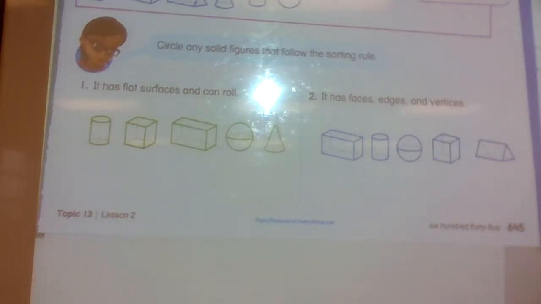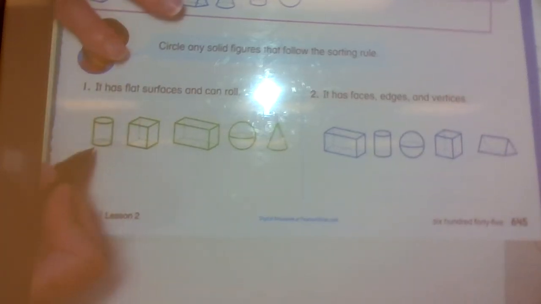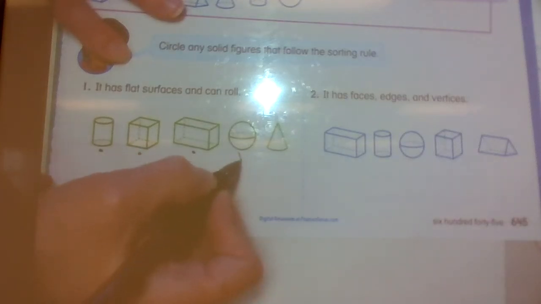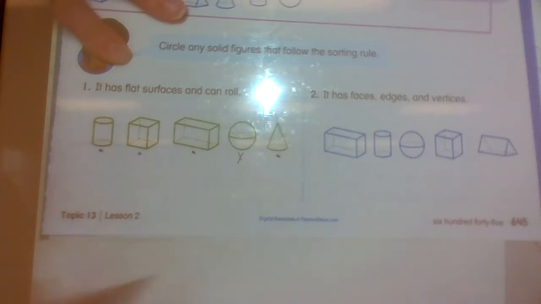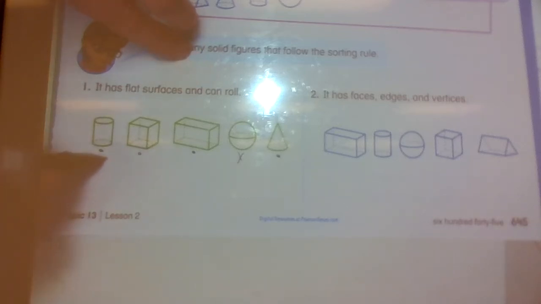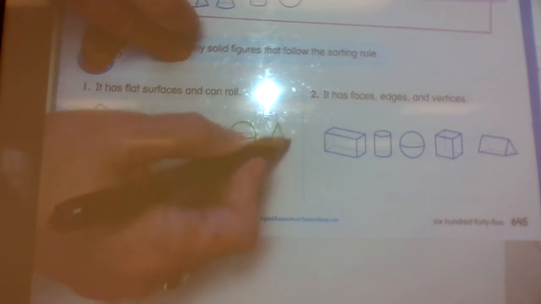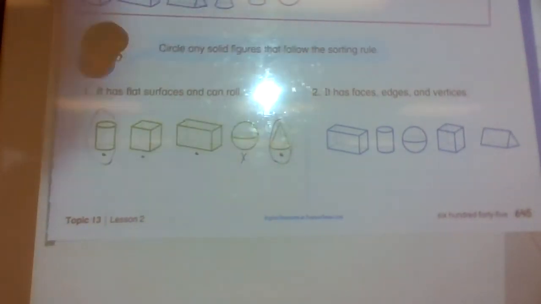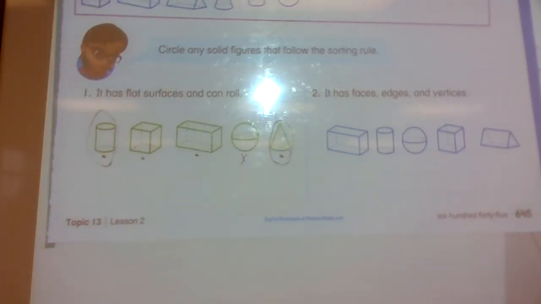All right, you go ahead and mark flat surfaces. Yes, yes, yes, no, yes. Okay, now let's do the second part of the clue. It can roll. Yes, no, no, yes. So our answers: cylinder and cone. It cannot be a sphere because a sphere does not have flat surfaces.